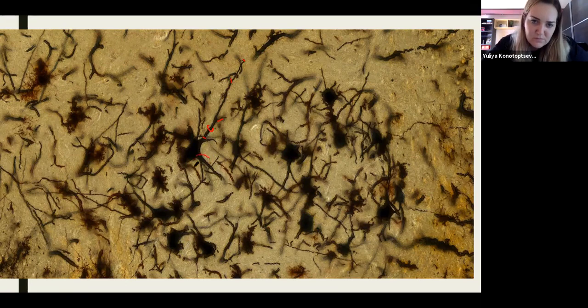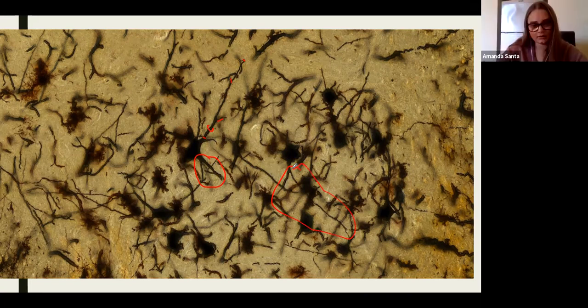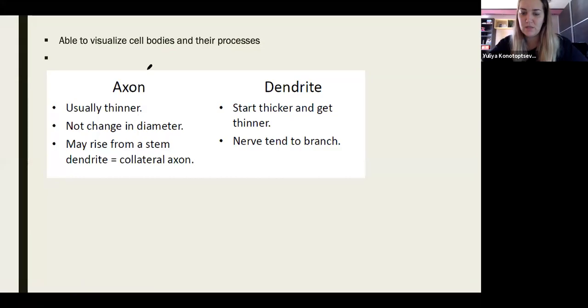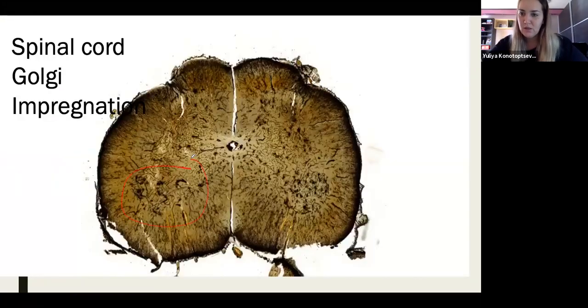What about these ones? Also dendrites, you can see that they're branching out. These ones, dendrites branching out. Do you see there are lots of dendrites? Lots, because you remember how a multipolar neuron looks, right? We're in the spinal cord. We have interneurons and we have motor neurons, and both are multipolar neurons.